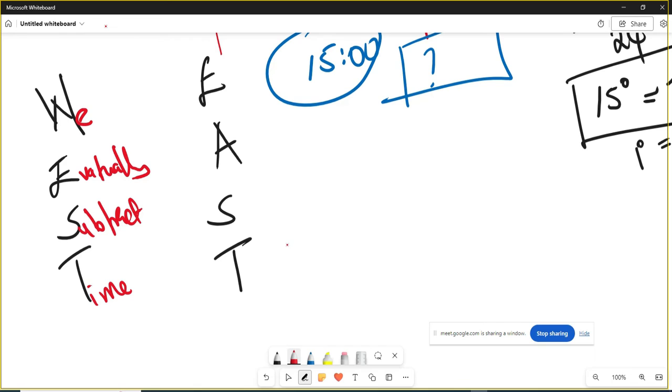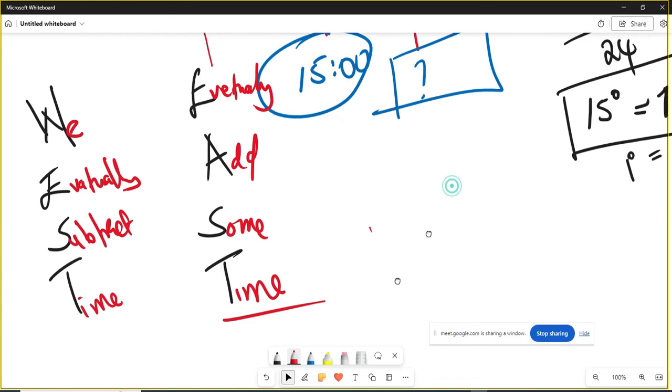However, when you are going toward the east, we add time. Just in case you forget: on the east, we add time, and on the west, we subtract time.